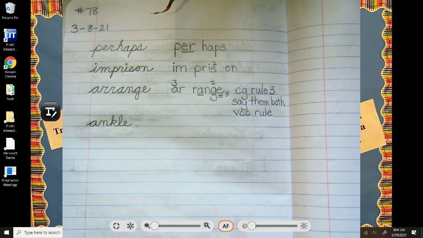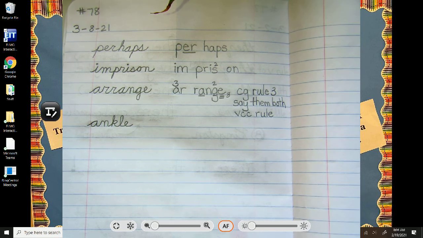Now, scholars, two rules in this one as well. Ooh. And this time I mean it. There are two. I know last time I said two, and then there were three. This one truly two. Analyze ankle. All right.